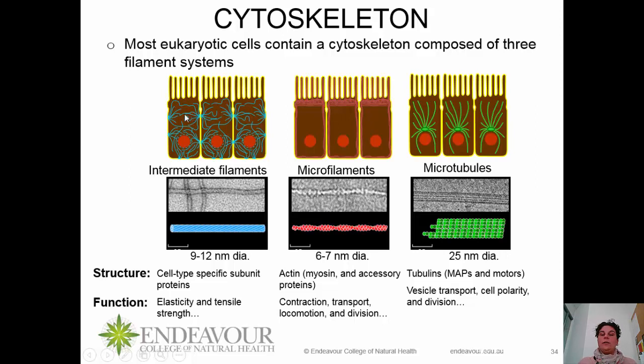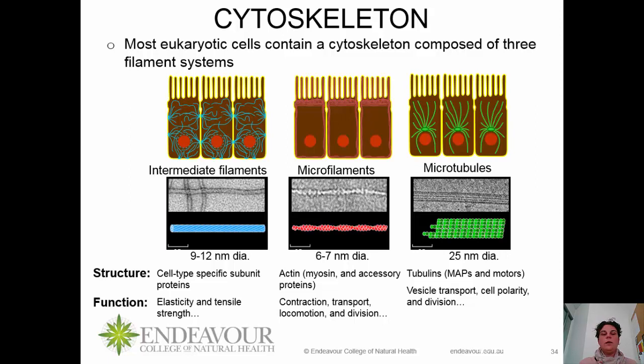Okay, and you can see that these blue sort of filamenty structures are called intermediate filaments. Now you see that these intermediate filaments all come to a specific point on the plasma membrane. Okay, these points I would really like you to remember, because these are the points that we're going to come back to when we start talking about cell-to-cell junctions.